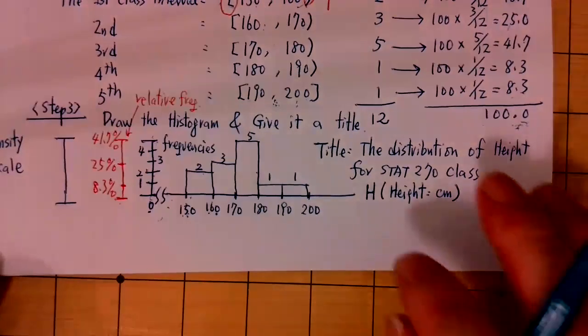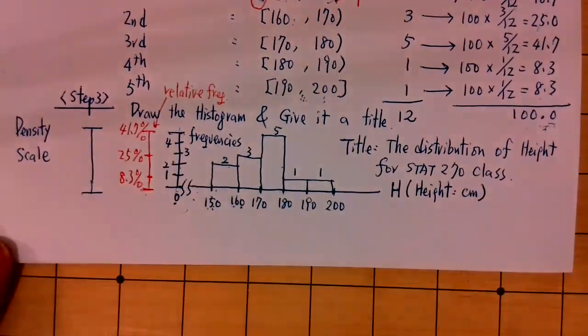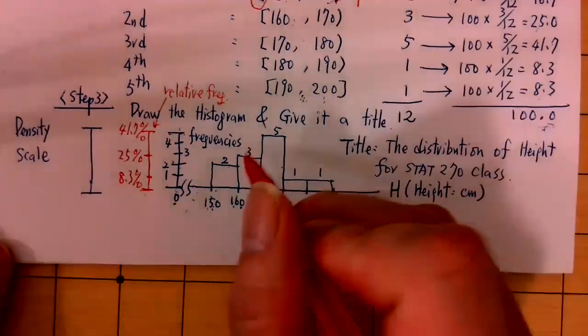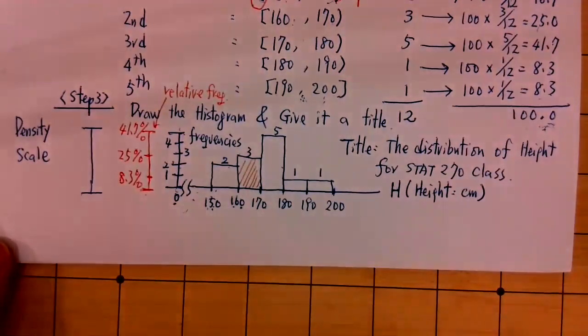When we say density scale, how does the density scale work? Let's look at here. Look at the red shaded area.